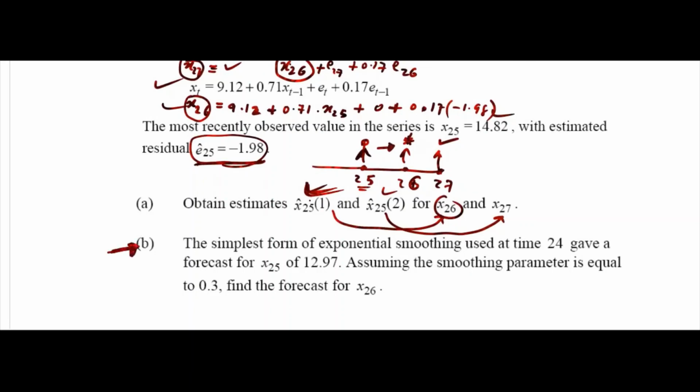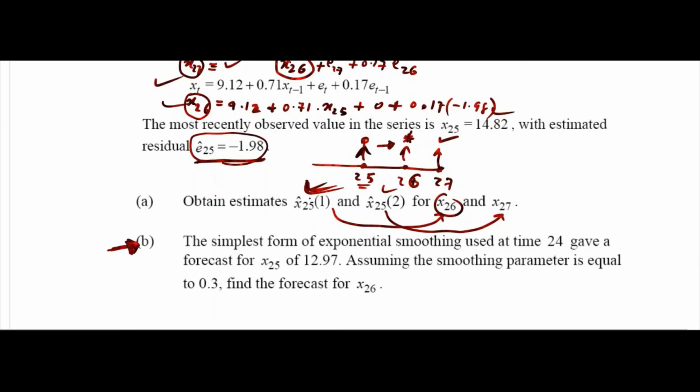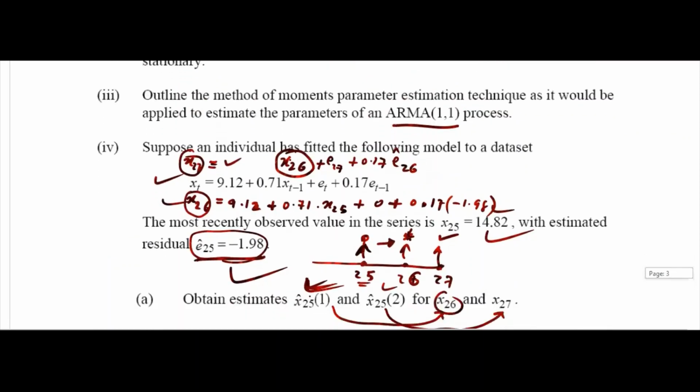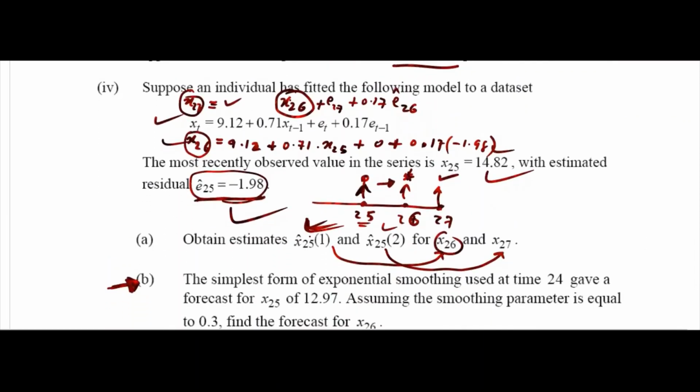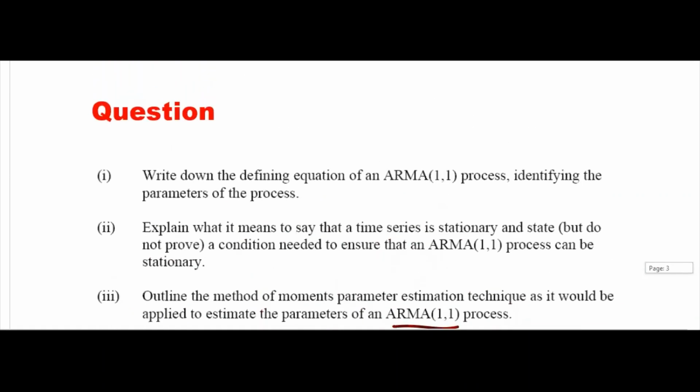This is not a part of the course. In one case you have both residuals and the data given. In the other case you have to get them from your prediction. Once you predict, you have to get this residual and the data value, the x26 value, from your prediction only.